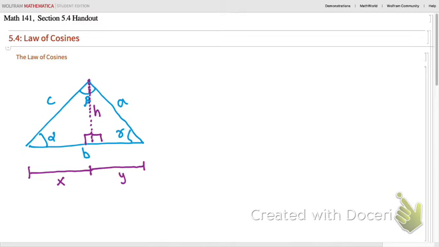Two pieces of information that we're going to use. We're going to use the Pythagorean theorem on each of the right triangles. For the triangle on the left, the base squared plus the height squared has to equal the hypotenuse squared.